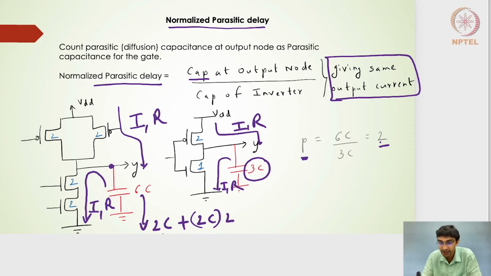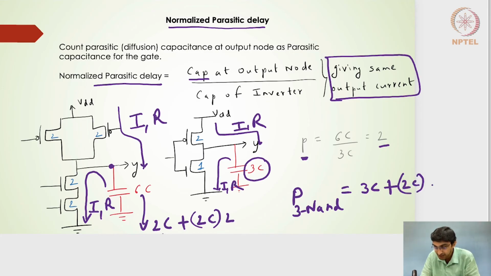Again, for the normalized parasitic delay of the 3-input NAND gate, I will have a size of 3 on the pull down circuit, so I will have a 3C capacitance connected to the output node, plus 2C, 2C, and then 2C from the third transistor. So I will have 2C multiplied by 3, divided by the inverter's 3C. So it turns out to be nothing but 3.